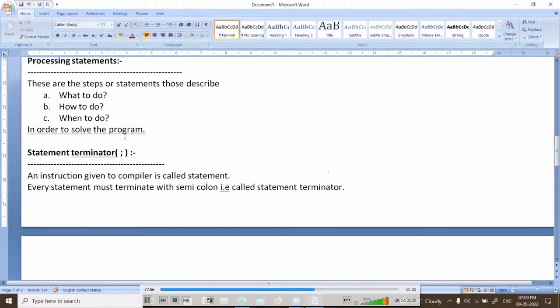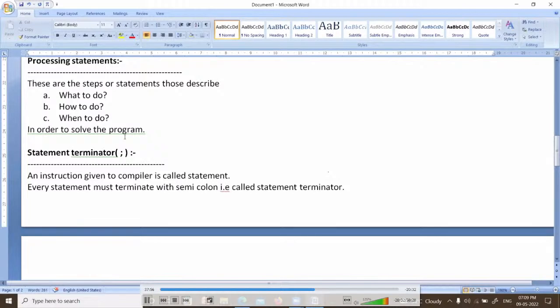So one is used to indicate the beginning, and the other is used to indicate the ending. The first, the open curly bracket, is called the open delimiter. It is used to indicate the beginning of a function or block.